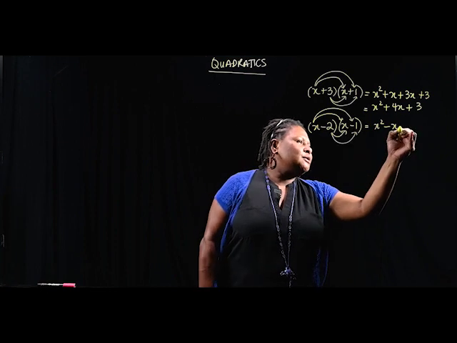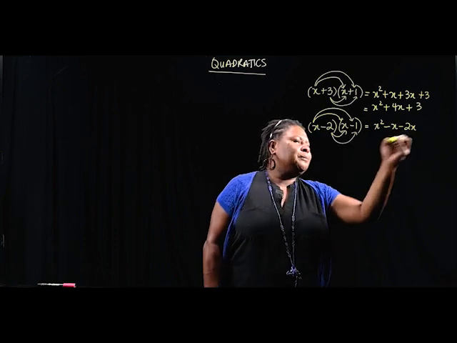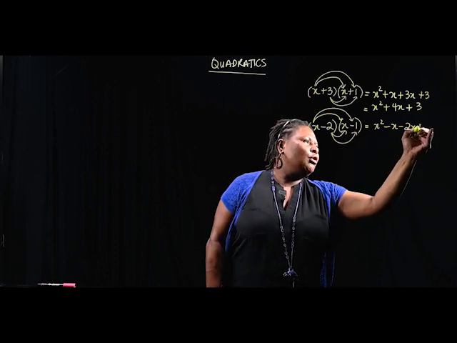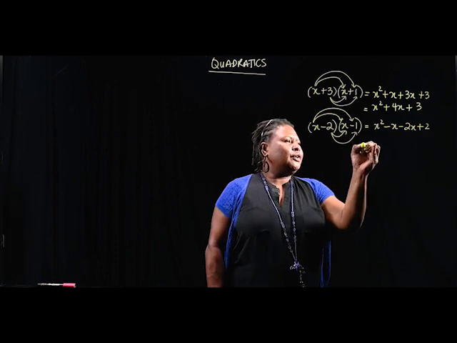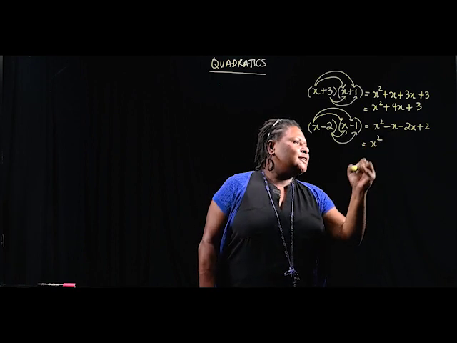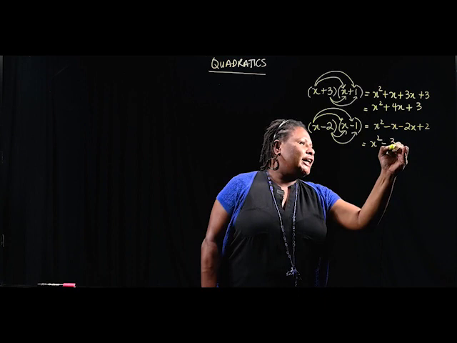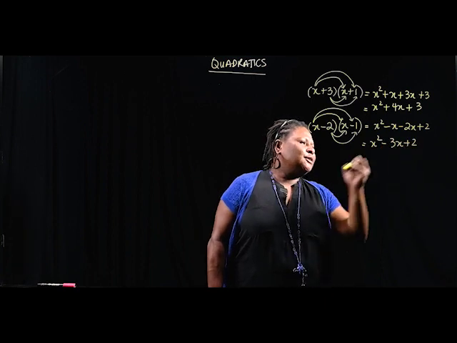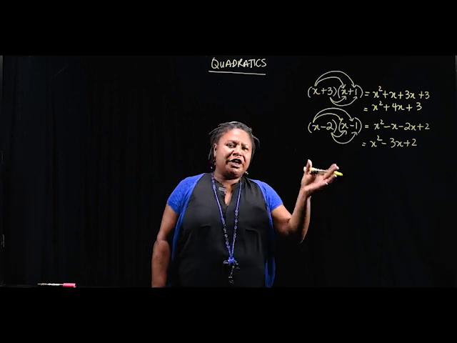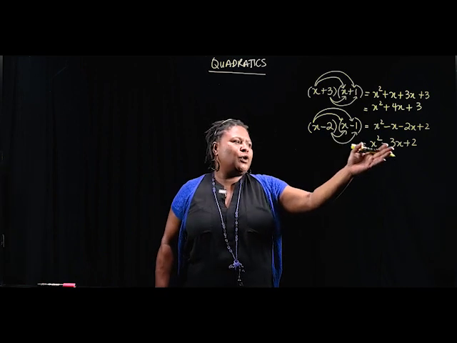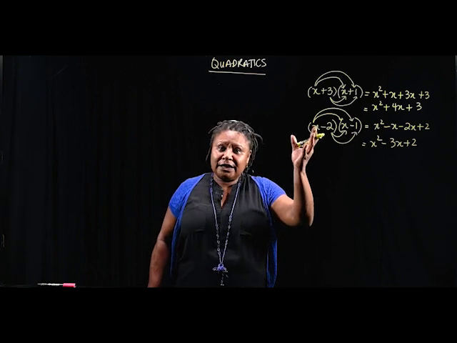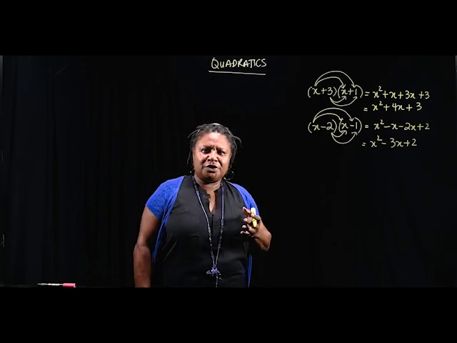Negative 2 times x is negative 2x. And negative 2 times negative 1 is positive 2. Collecting like terms, we have x squared minus 3x plus 2. So this is generally how we form quadratic expressions, when we multiply one linear expression by another linear expression.